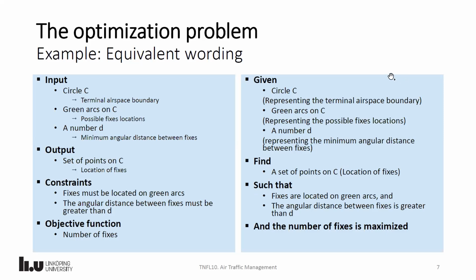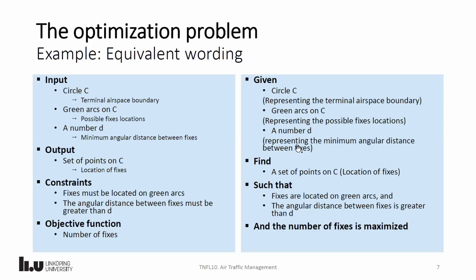The mathematical optimization problem will come after we have done this. We're trying to do the planning part. In this class we're not going to see algorithms or programs or anything, just an interpretation of ATM problems and what they would look like in an optimization formulation.